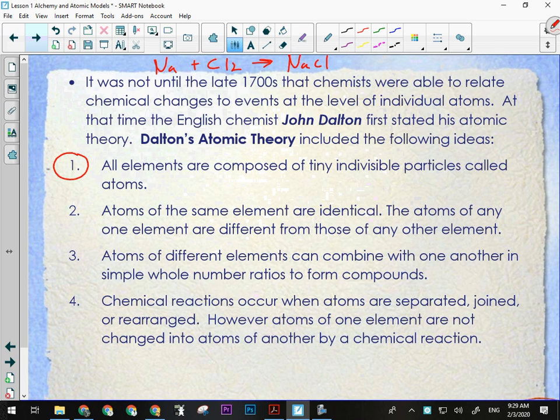Alright. The third point of the atomic theory has to do with the formation of compounds, this thing that we talked about right up here.